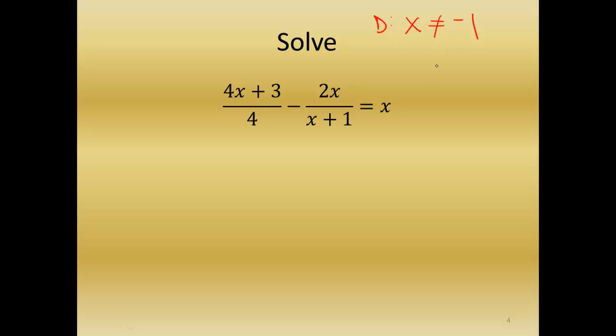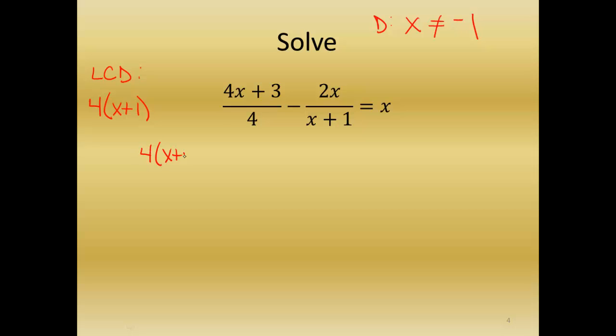I'm just going to let that hang out there while I worry about how to clear this fraction. My lowest common denominator here is going to be 4 times x plus 1, which means every single fraction needs to be multiplied by 4 times x plus 1. And let me show you how this would look one by one.